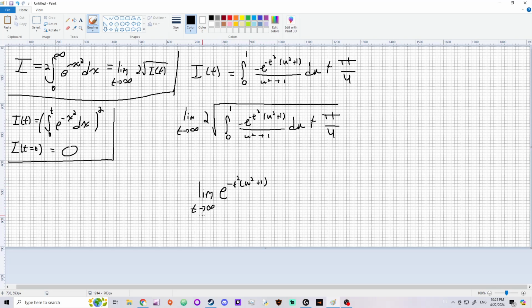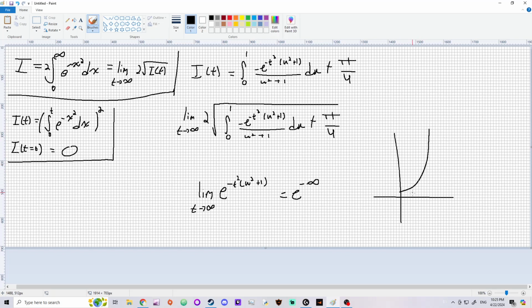T goes to infinity, it just consumes all of this, so it's basically e to the negative infinity. What do you guys think this is? I'll draw the function for you. This is what the function looks like.